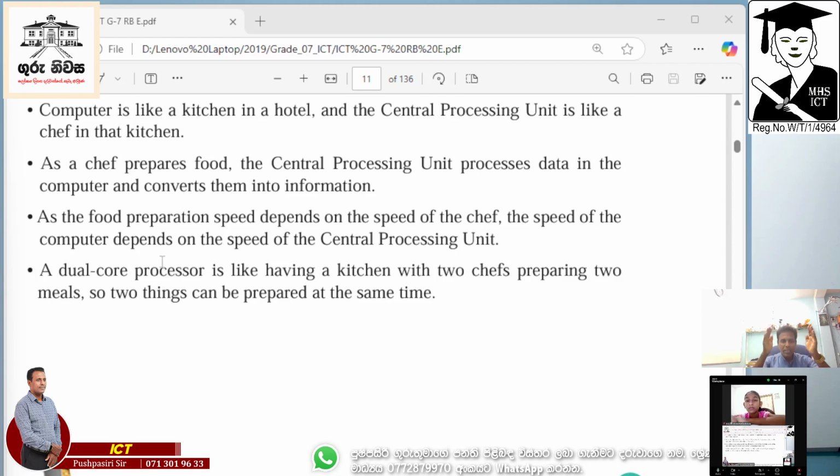In one box, there are two persons. That's why it is called dual core. Dual means two, right? Two persons are in that processor. Therefore, the normal time is halved and it speeds up to double if you are using dual core. Clear? Understand? Yes, sir. Good. Right.